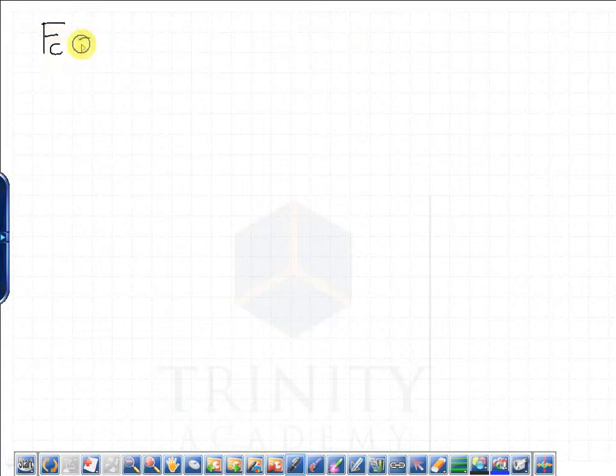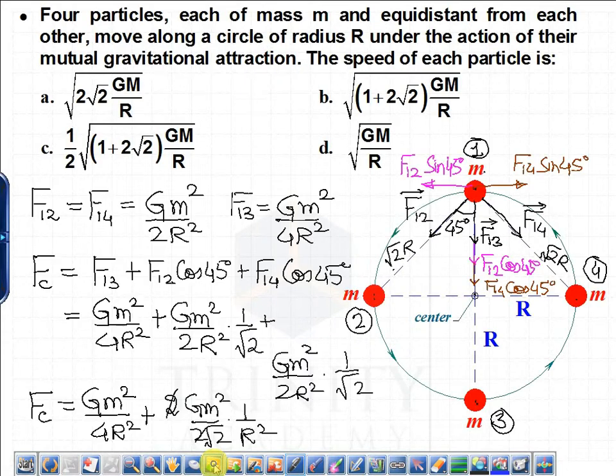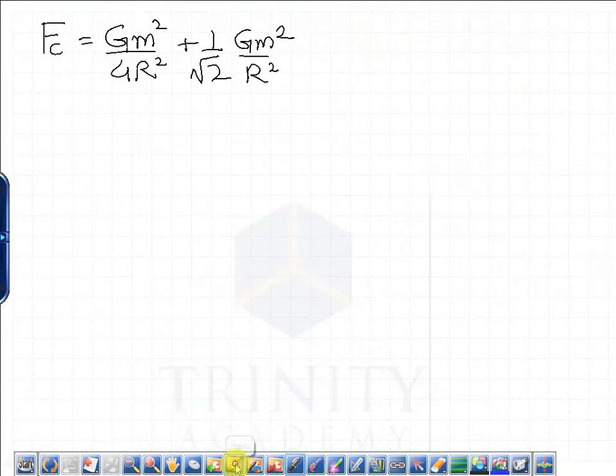Fc is equal to Gm square by 4r square plus 1 by root 2 Gm square by r square. Let us verify: Gm square by 4r square, Gm square upon root 2 r square. Okay.